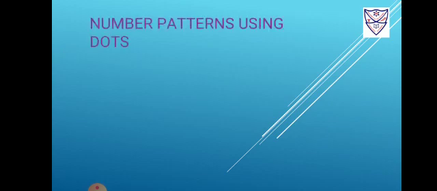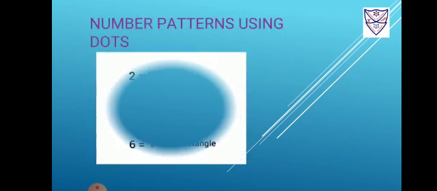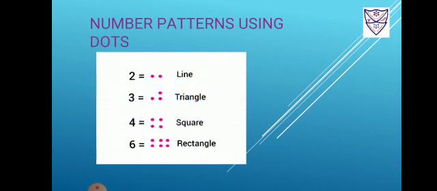Number patterns using dots. So let us understand more about number patterns. First number is 2. So by using 2, students, what shape can we make? Line. By using 2 dots, we can make a line shape.